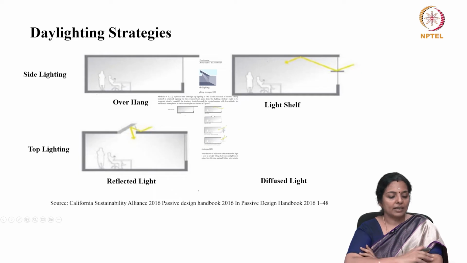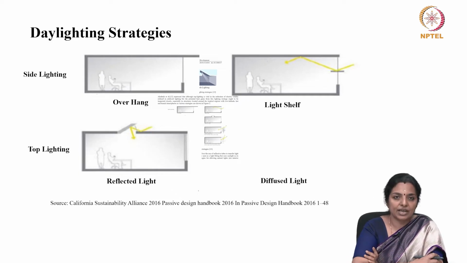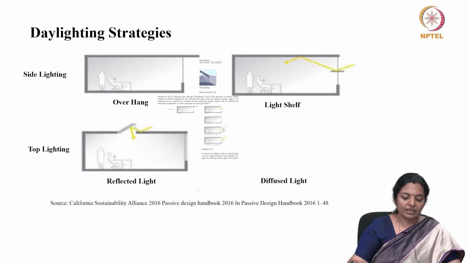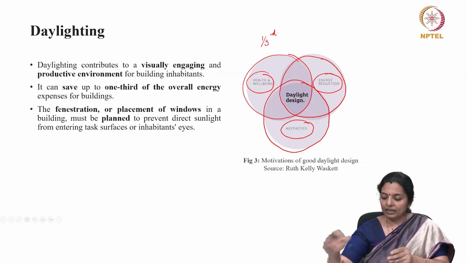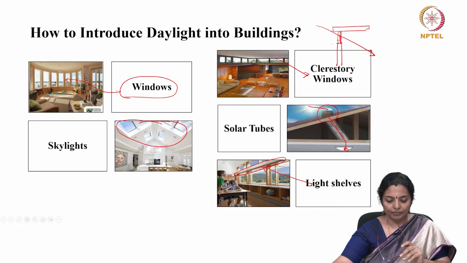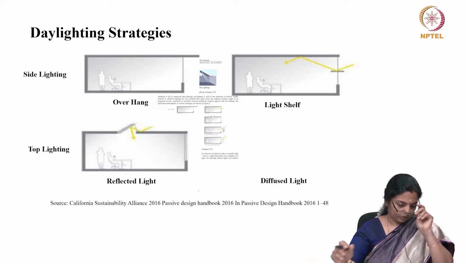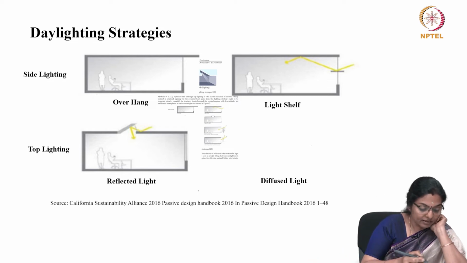Let us look at some of the daylighting strategies. Some of the daylighting strategies include having an overhang, side lighting, and having overhangs.